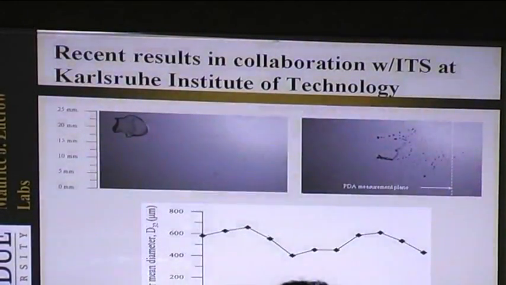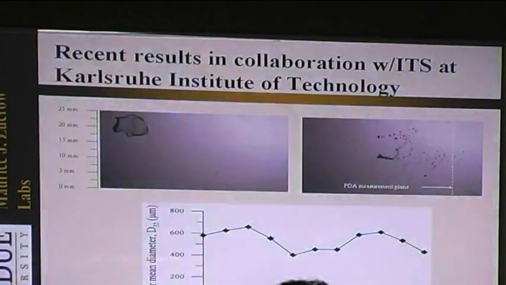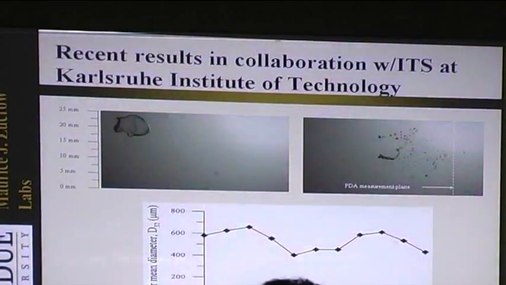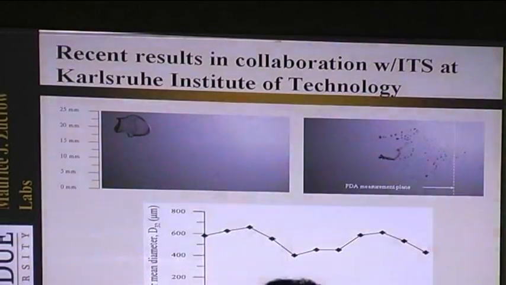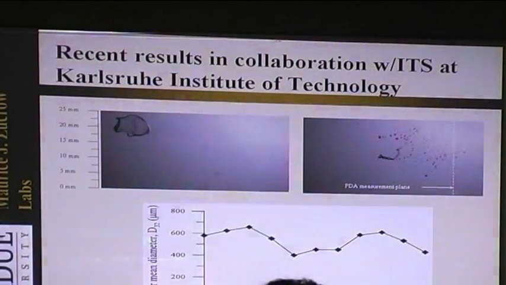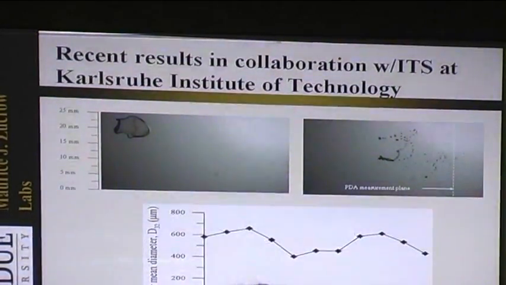And you can see the fragment size distribution as you go vertically up and down that PDA measurement plane. Now these drops, the initial drops, were fairly large. They were about 2 millimeters, 2.5 millimeters in diameter, which is why the Sauter mean diameter of the fragment distribution is greater than half a millimeter.